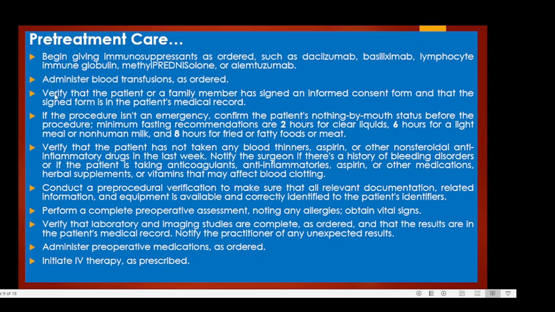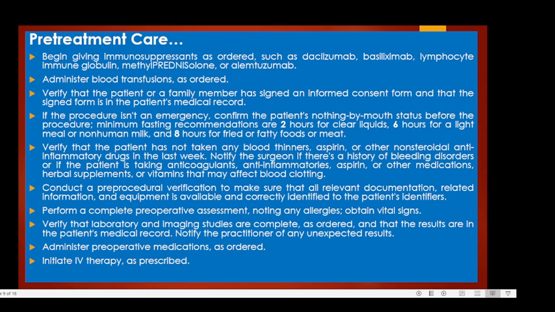You need also to verify that the patient or the family member has signed an informed consent form and that the signed form is in the patient's medical record. Remember, it is the role of the physician or the surgeon to get the consent from the patient.